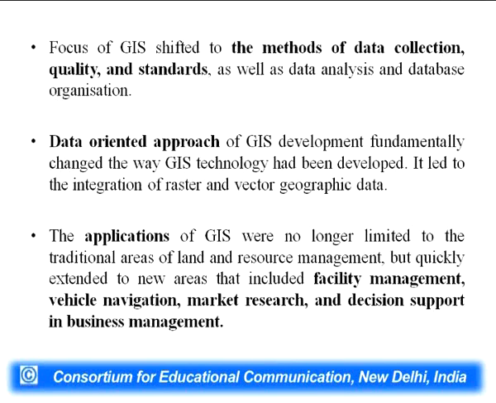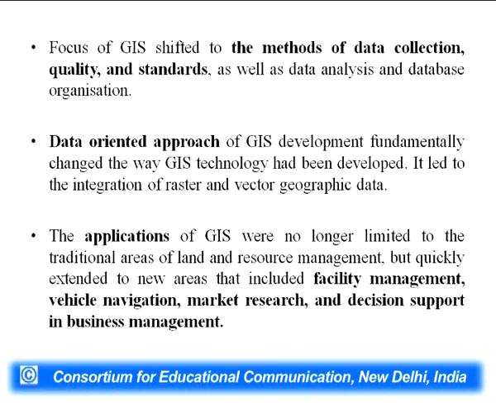So, the earlier phase was basically focusing on making and producing maps with the help of data. The focus was mainly on map production, but now in this second phase the focus shifted to the method of data collection, how to collect the data and maintain its quality and standards in a better manner, and how we can minimize the errors prevalent in the data if we take it from some other organization or from remote sensing and GIS.